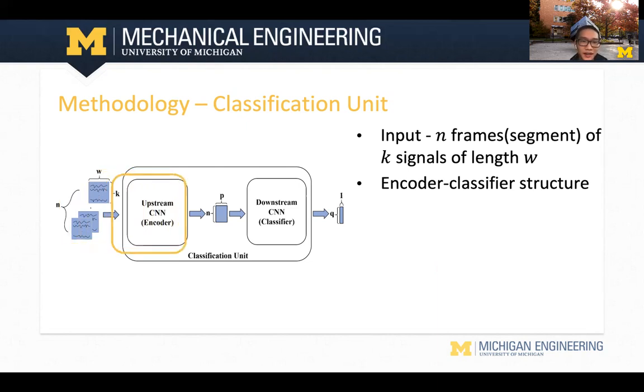So now let's take a look at the encoder. It encodes each frame into P steady state scores. Why would we encode a frame into steady state scores, you might ask? The reason is that the trajectory of how the steady state score changes can provide hints on when a transition occurs.